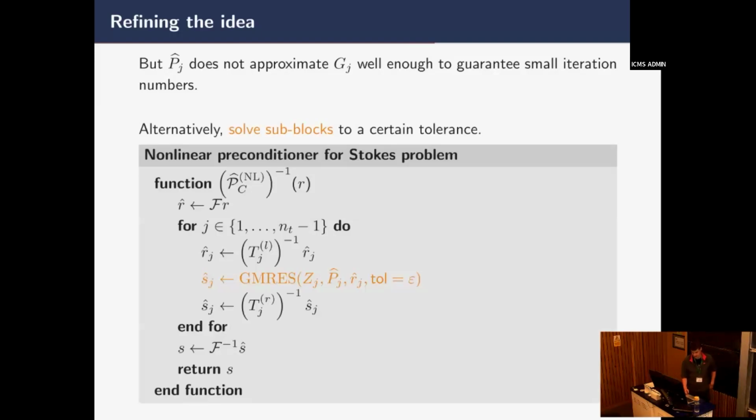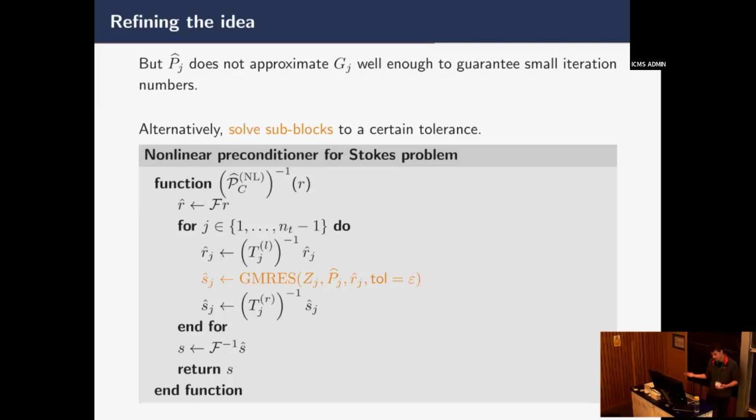In the original preconditioner, we would have this whole routine where we first apply the Fourier transform, and for each time step in parallel, we do some block row manipulations. And before that, we would just apply PJ hat, and then reverse all the transformations. But now we just plug in a GMRes here with this submatrix, which relates to GJ, and this preconditioner, and solve up to the tolerance epsilon predefined in the beginning. And that turned out to work much better.